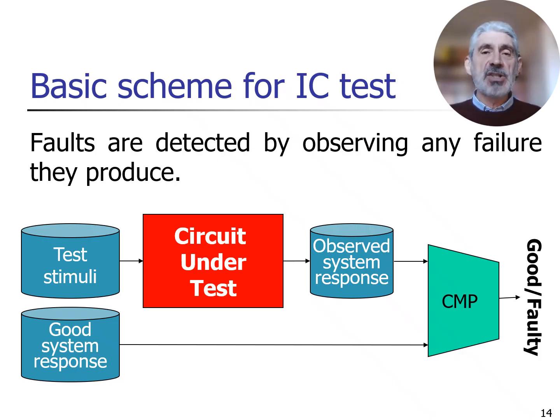If there is a mismatch, it means that a fault exists inside the circuit under test. If not, it may be that no fault exists, or it also may be that the test stimuli are not good enough in exciting the fault and making it produce a failure. But the key concept is that we will observe failures produced by any generic fault when some test stimuli are applied to our circuit.